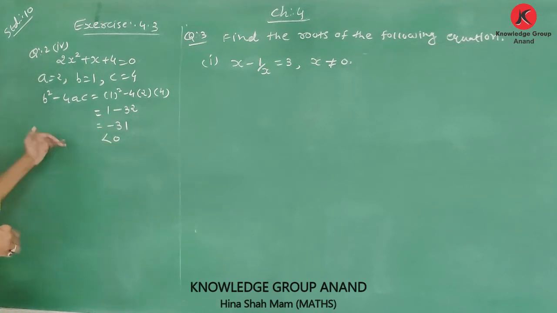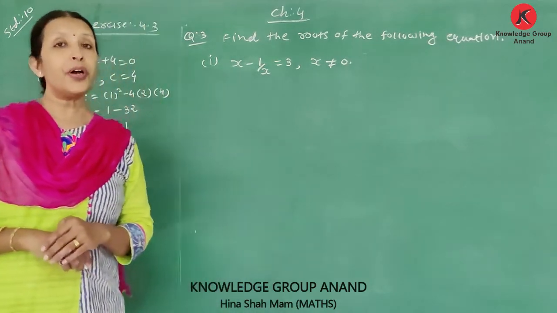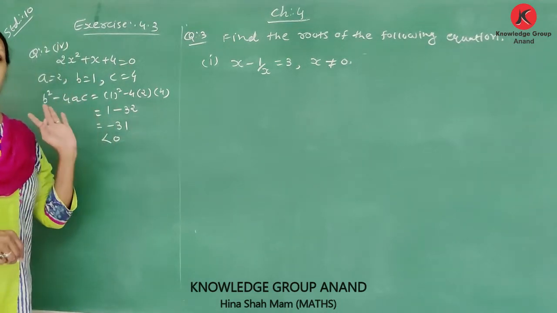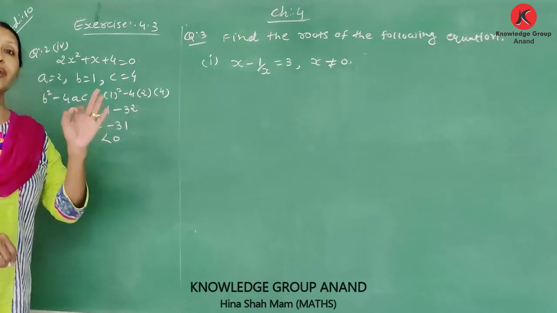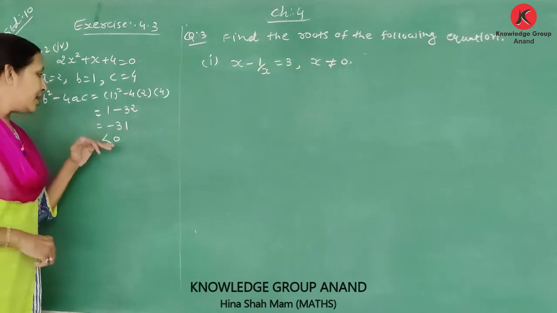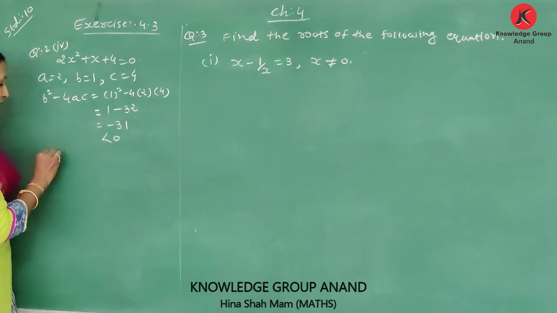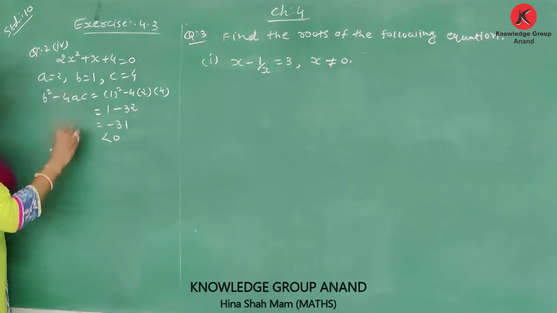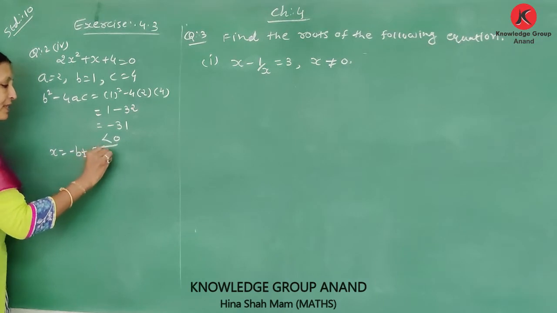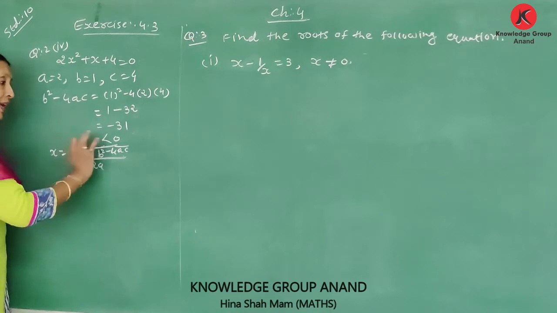Then in the formula x is equal to minus b plus or minus under root b square minus 4ac upon 2a, the value of square root of minus 31 does not exist, because a negative value is not the square of any real number. You don't write it directly here.